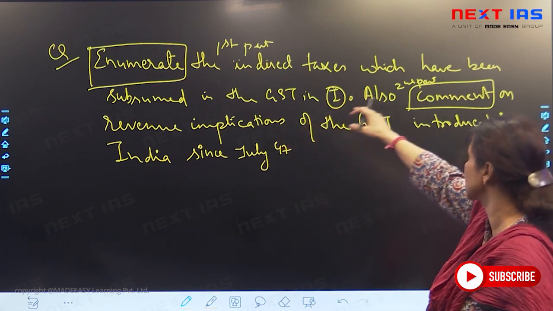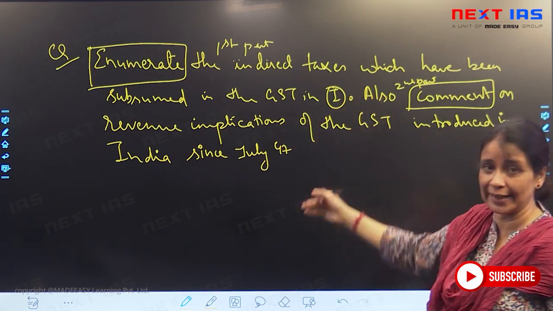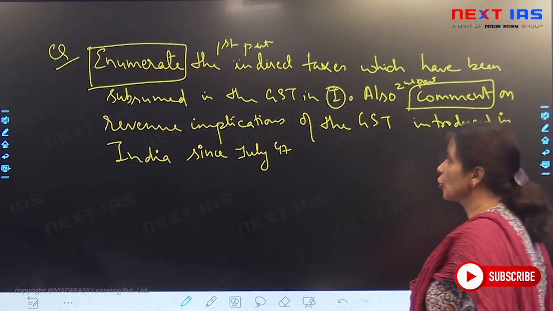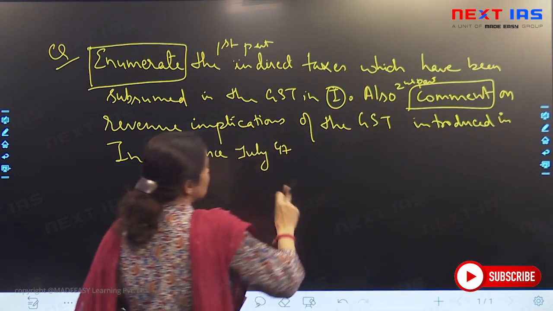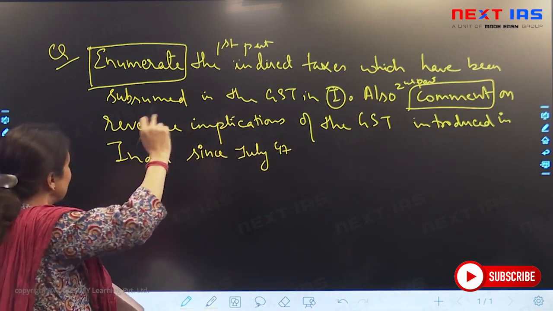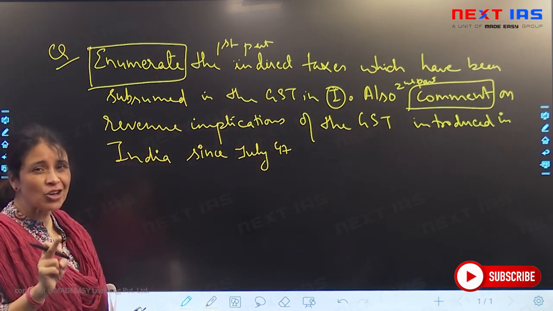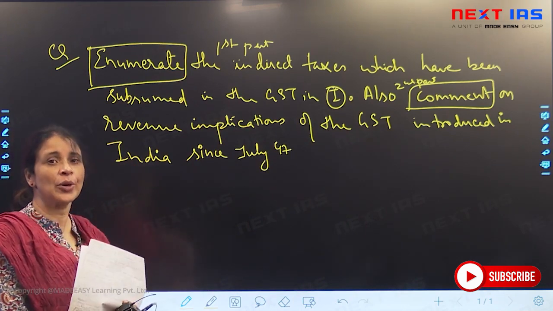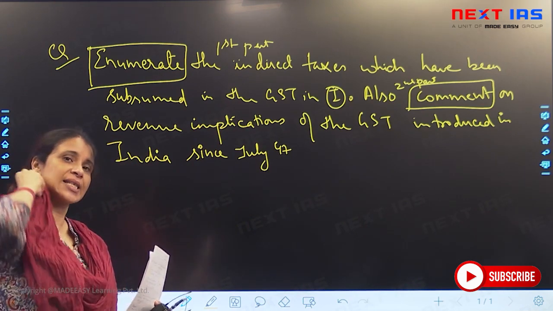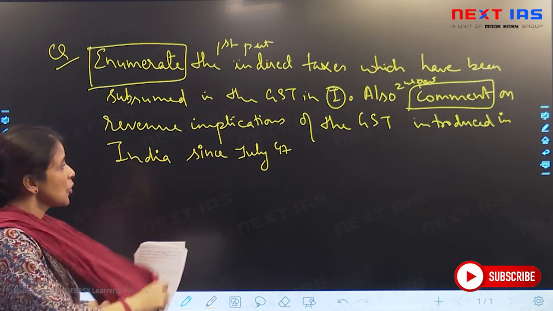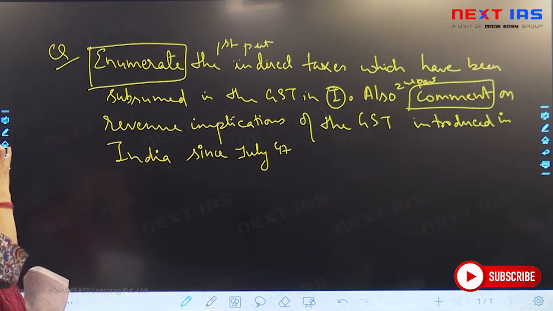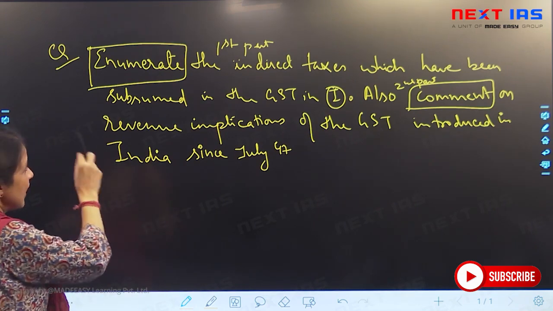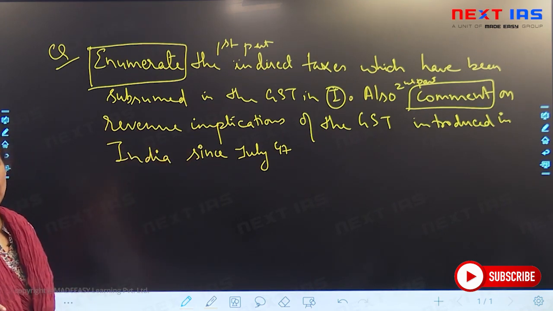This is one question which has 2 sub questions, one and second. So the order in which the question has been asked, you should go by that order only. It should not be like first you will comment and then you will enumerate. That also is very important, because UPSC is asking you in a particular chronology, in a particular order. So you should also write your answer in that order, and marks are allocated for each and every subsection that is being asked.